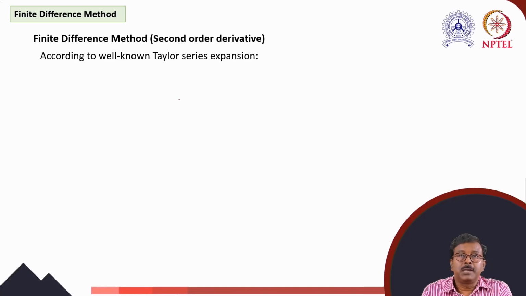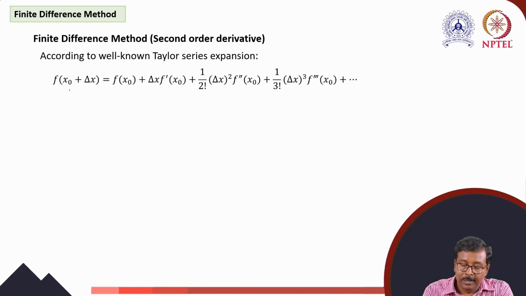Again, if we start from the Taylor series expansion, at a particular point x is equal to x0, f at x0 plus delta x will be f x0 plus delta x f dash x0 plus 1 by 2 factorial delta x square f double dash at x0.